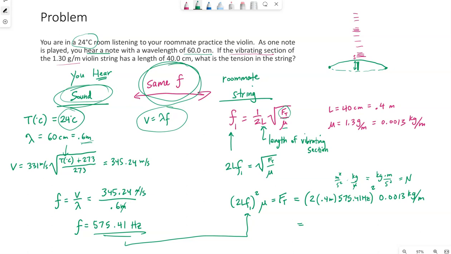And so I'm getting 275 newtons. Technically, we have two significant figs, so this would be approximately 280 newtons. That would be the tension in this particular string.